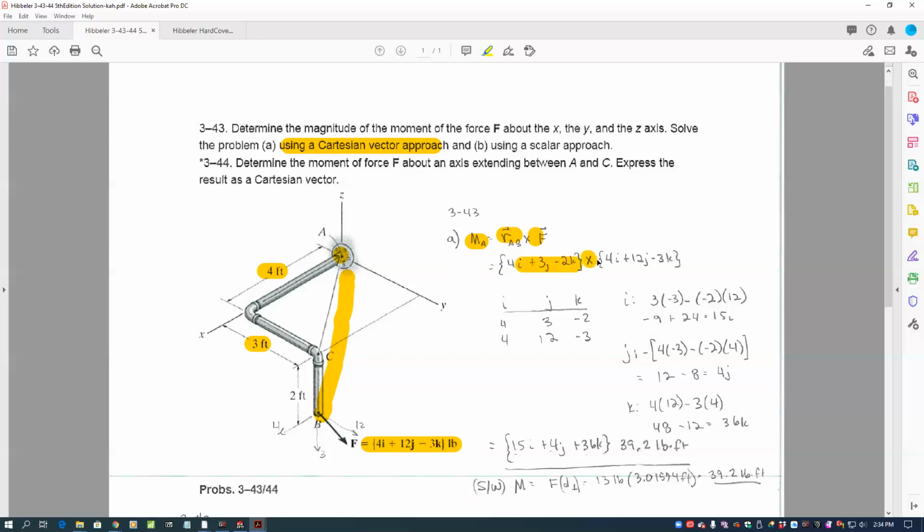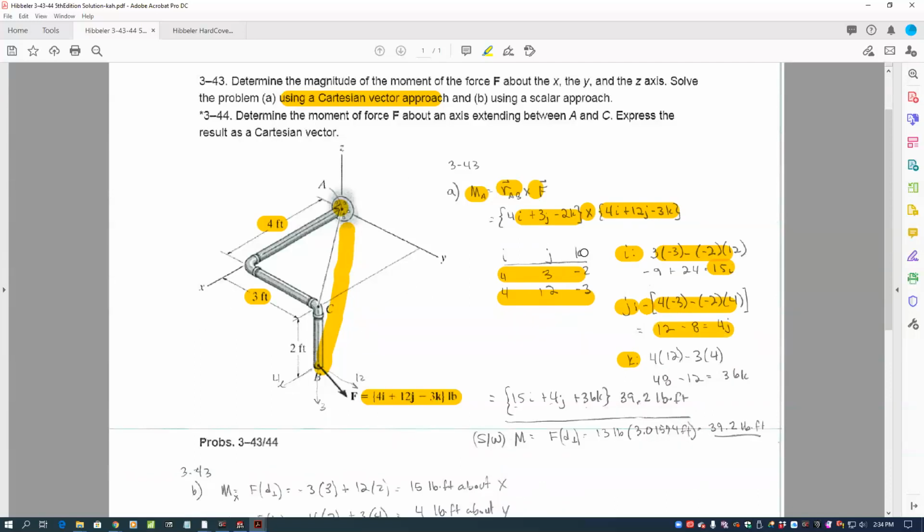We cross product that with the force vector, and we can write that as a matrix. We write our i, j, and k out here. j is always started with a negative. The i component is 3 times minus 3 minus minus 2 times 12, which gives us 15i. The j component is 4 times minus 3 minus minus 2 times 4, all negative, and that gives us 4j.